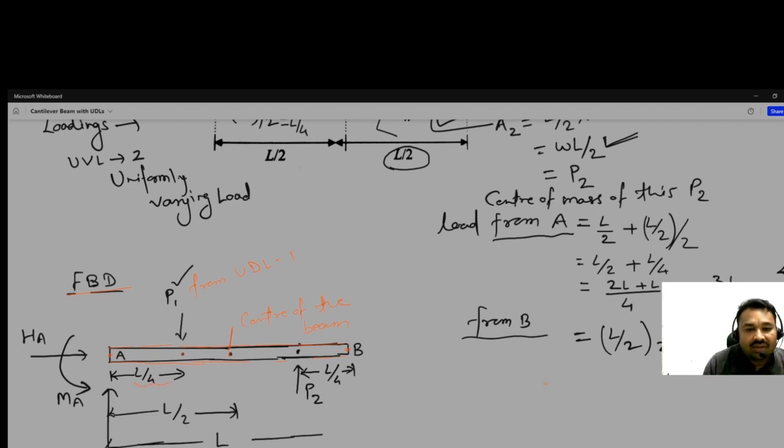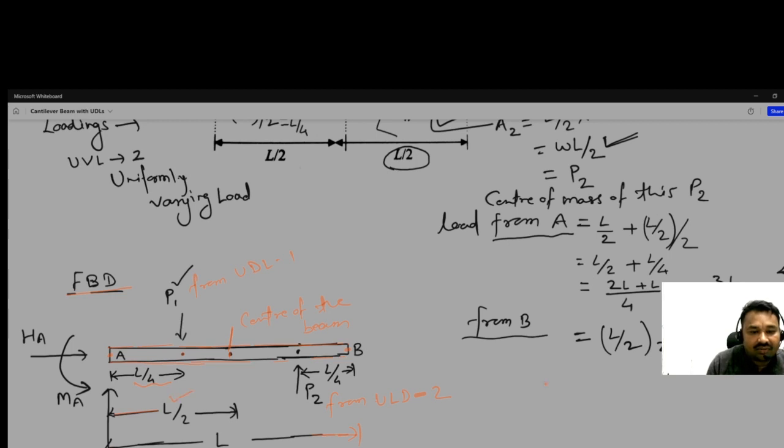And what about P2 from UDL 2? From B it is L by 4. Total length is L, the beam length, and from the middle it is L by 2.